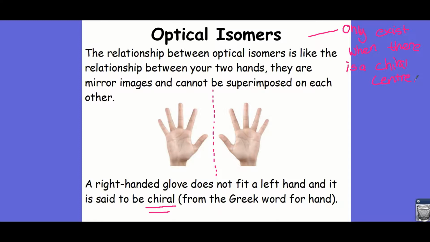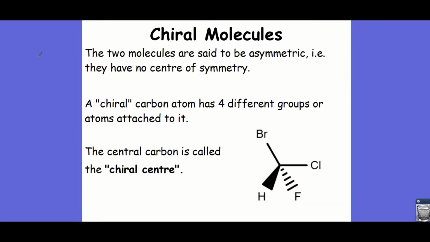We're going to look at what a chiral center is in the next couple of slides. So think about your hands again. If you look at one hand, there is no line of symmetry. So your hands are not superimposable.